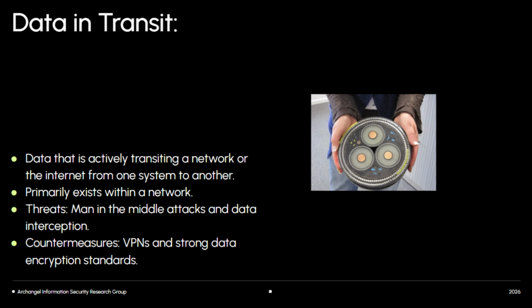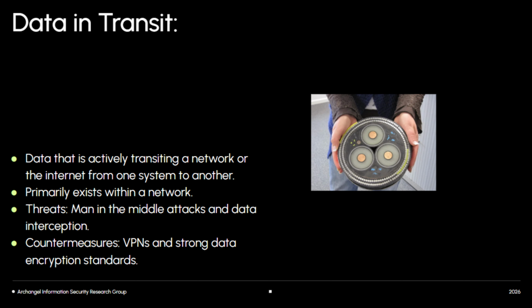Next, we have data in transit. Data in transit is information that is actively moving from one location to another across a network or the internet. Examples of this can include sending an email, browsing a website, transferring files between servers, or communicating with cloud services. Whenever data travels across a network, attackers may attempt to intercept it or modify it.